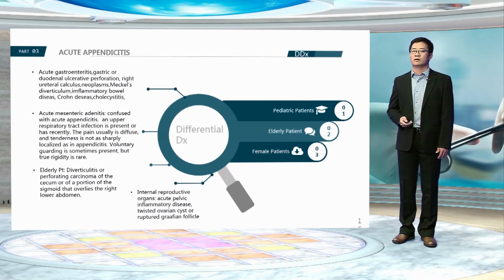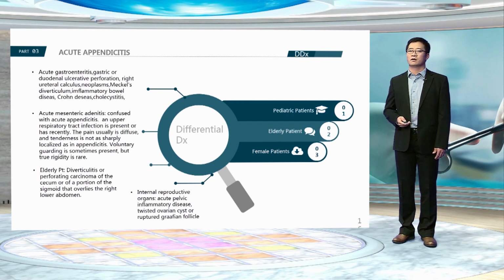Differential diagnosis. Some other diseases can mimic acute appendicitis, like acute gastroenteritis, gastric or duodenal ulcerative perforation, right ureteral calculus, neoplasms, Meckel's diverticulum, inflammatory bowel disease, Crohn's disease, even cholecystitis.